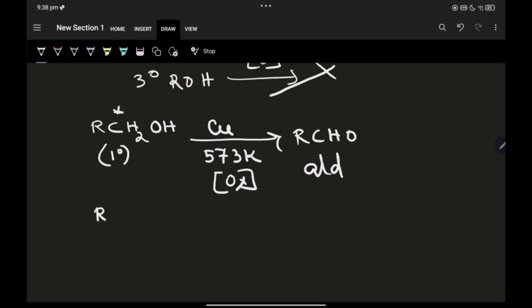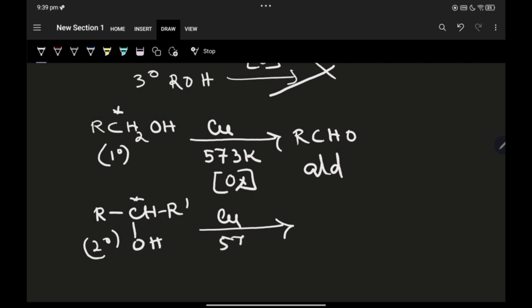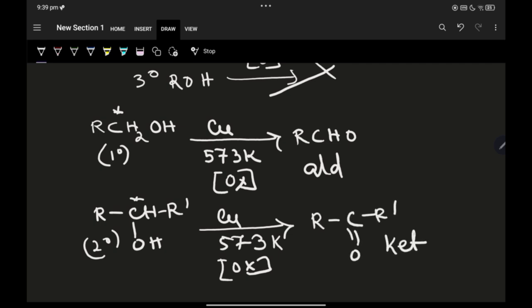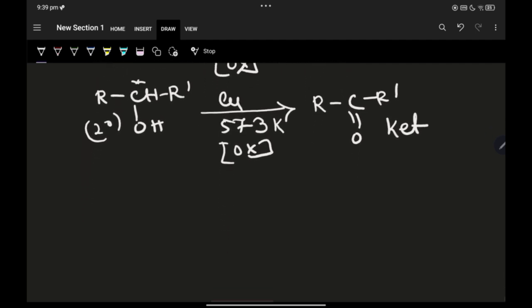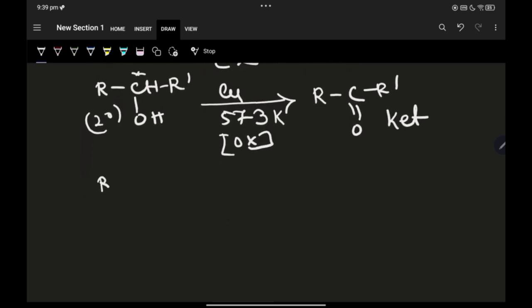Suppose I take RCHOH R dash, and this is again my 2 degree alcohol, and I treat it with copper 573 Kelvin. It will again undergo oxidation and it will give you ketone, R C double bonded O R dash. This is a ketone.